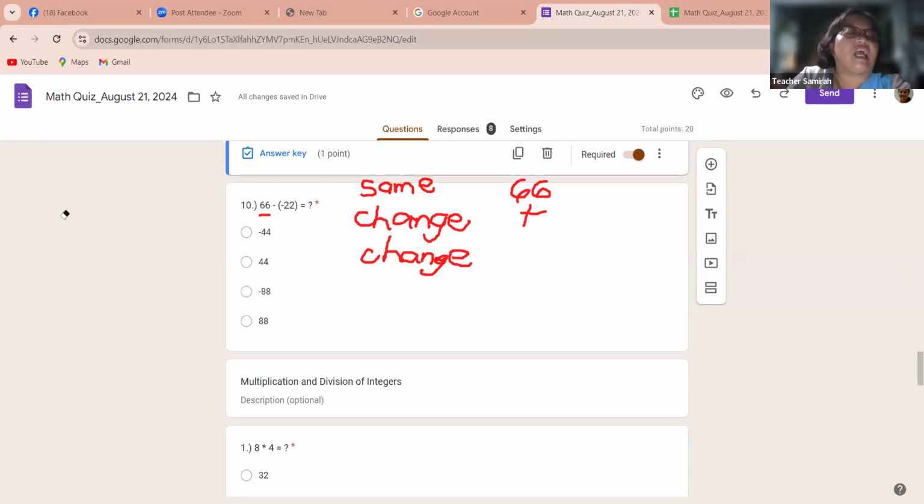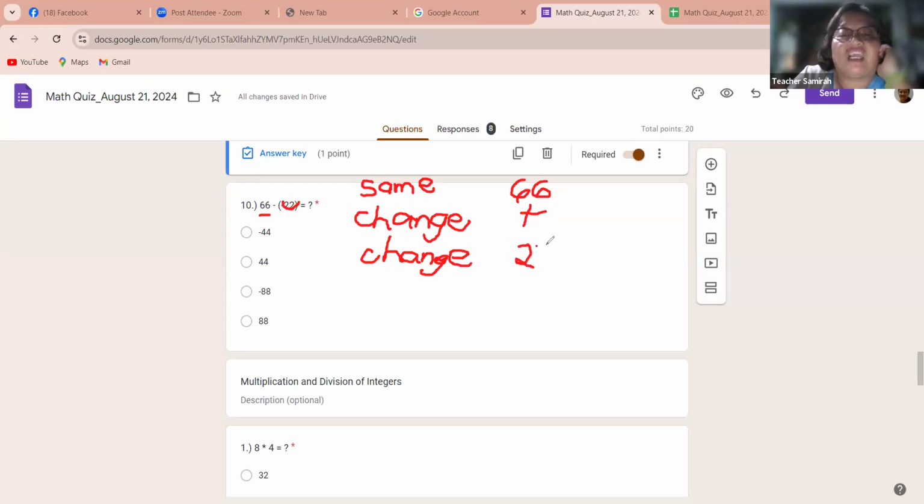What is the second integer? Negative 22. Take note, we are going to change the sign of the second integer. Since it is negative 22, it will become positive 22.